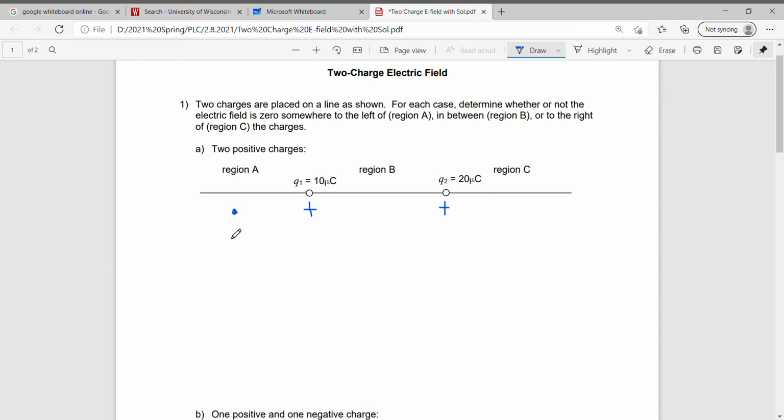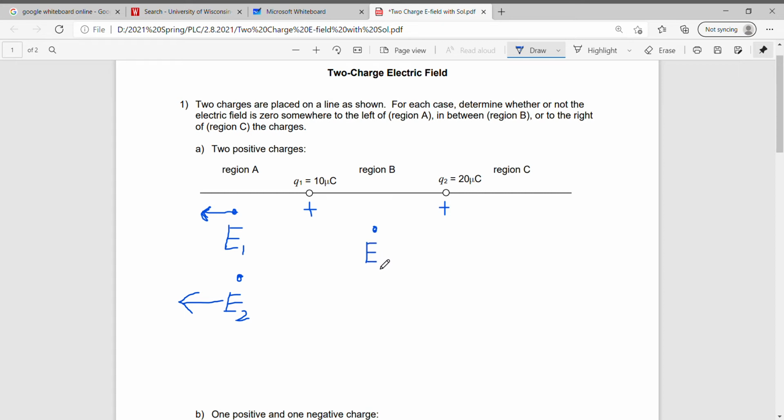We label it as E1, and it is in this direction. Because the second is also a positive charge, E2 will also be in this direction. Therefore, if we add these two vectors, because they are in the same direction, they cannot be zero.